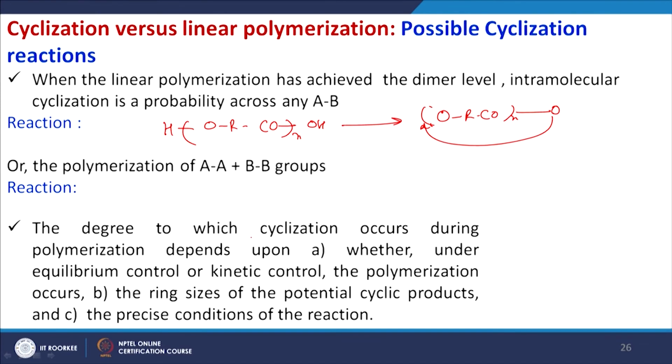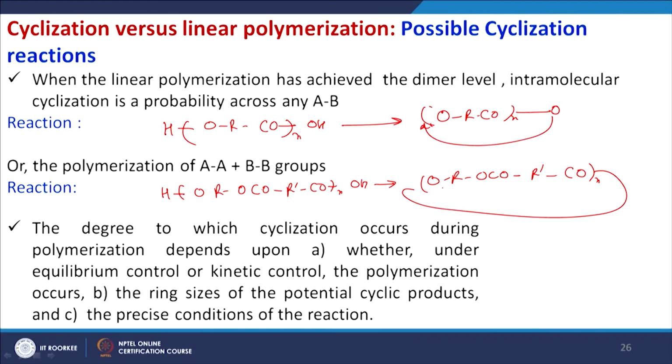Now, on polymerization of, say, AA plus BB type groups, that can be represented as HO-R-O-CO-R'-CO, and O-R-O-CO-R'-CO. Now, here this cyclization took place.